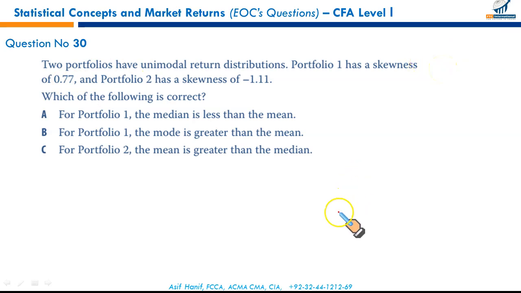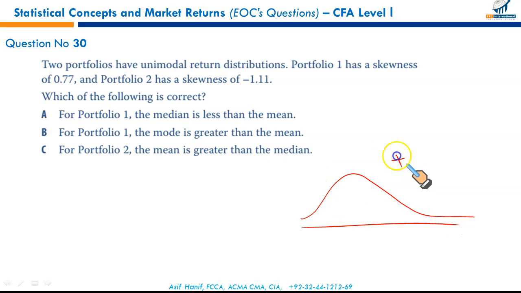Let me draw it in an open space like this. This is called positively skewed. The easier way to remember: positively skewed will have more data towards the positive side of the x-axis, and negative will be in the opposite direction. So in this case, remember the central, highest value represents your mode. I use this sign frequently. This is mode.